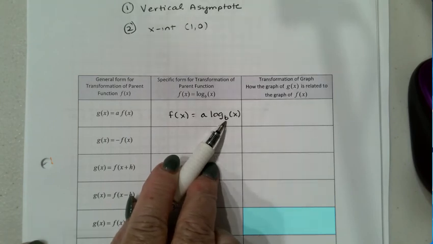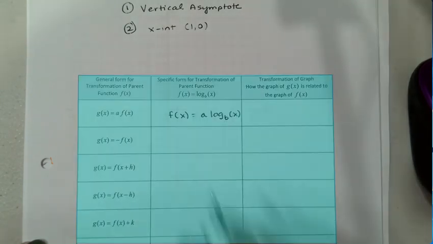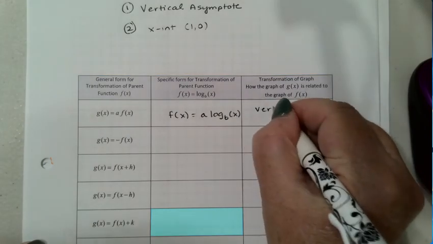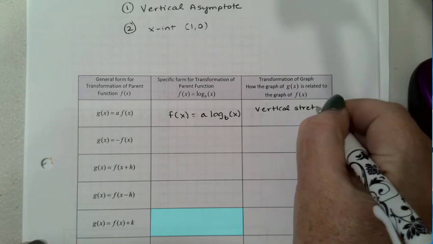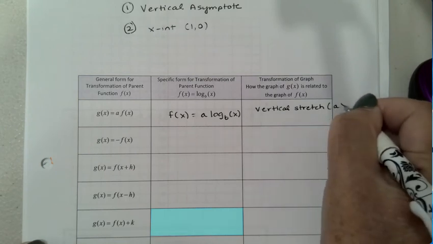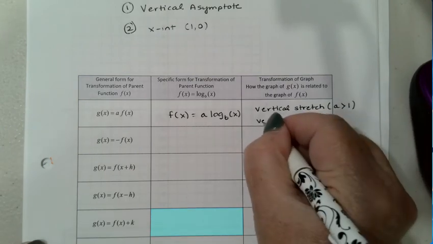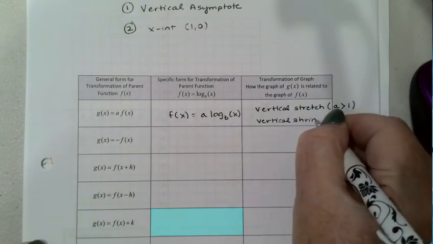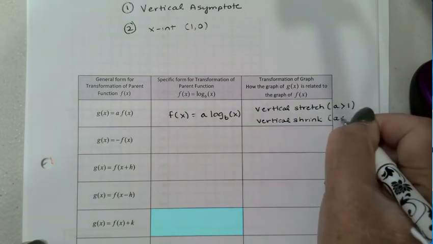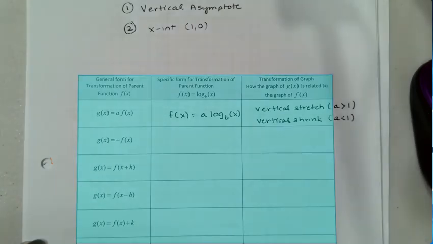It could be any base. We know that that's either a vertical stretch if a is bigger than 1, or a vertical shrink or compression if a is smaller than 1.